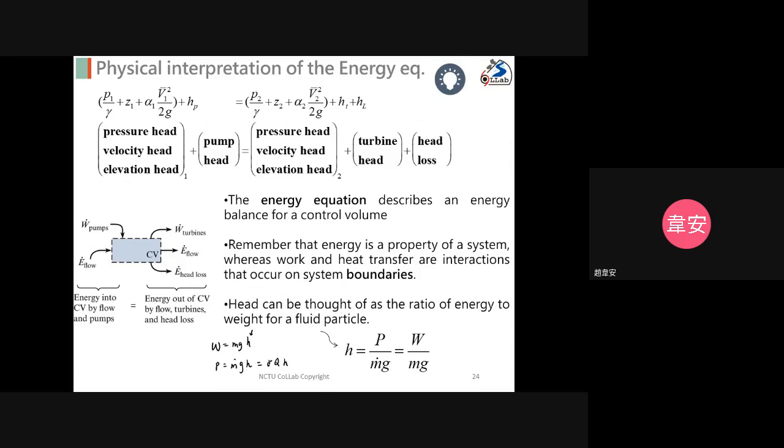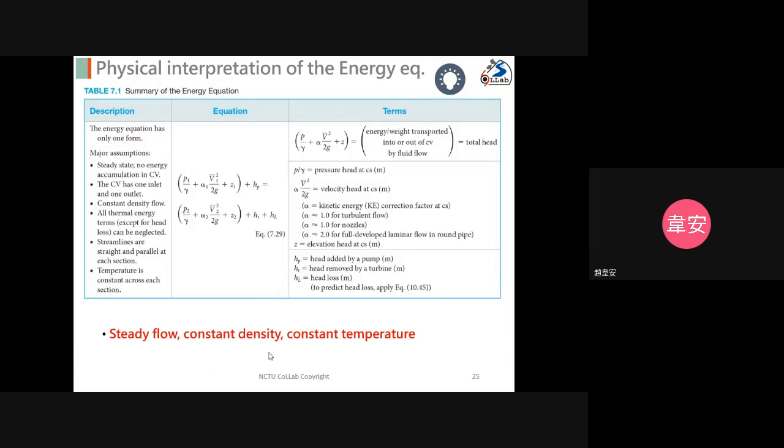The gamma is the specific weight, and Q is the pump discharge. Okay, so specific gravity.